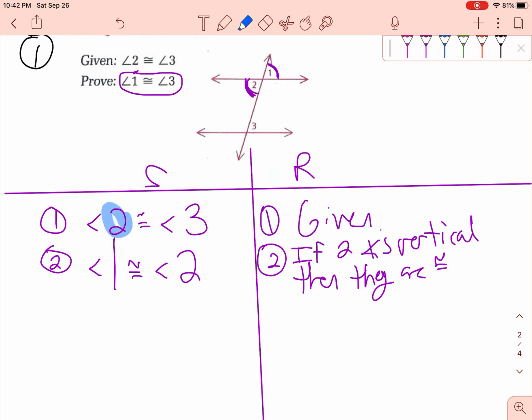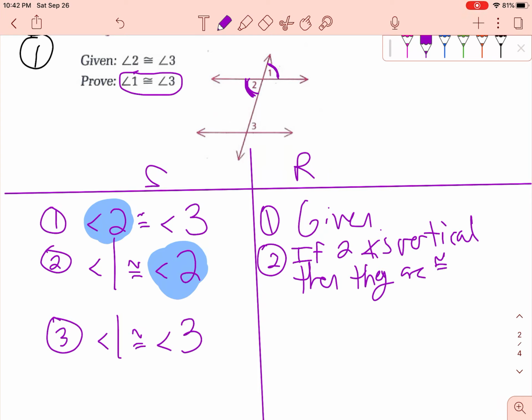Oh, look, I have angle 3 equal to angle 2, and I have angle 1 equal to angle 2. That means that angle 1 has to equal angle 3, okay? If my grade is the same as Steve, and Steve's grade is the same as Bob, then obviously my grade equals Bob. That's the transitive property.